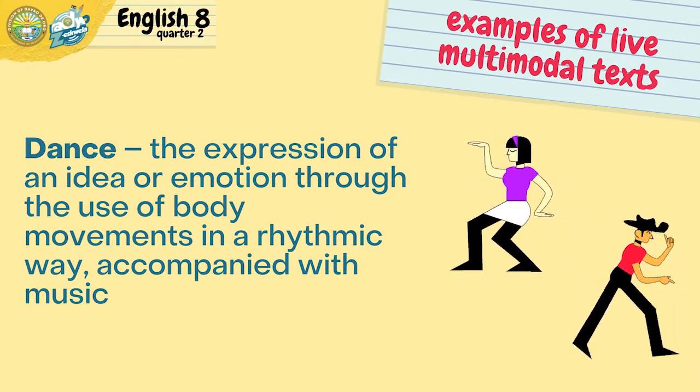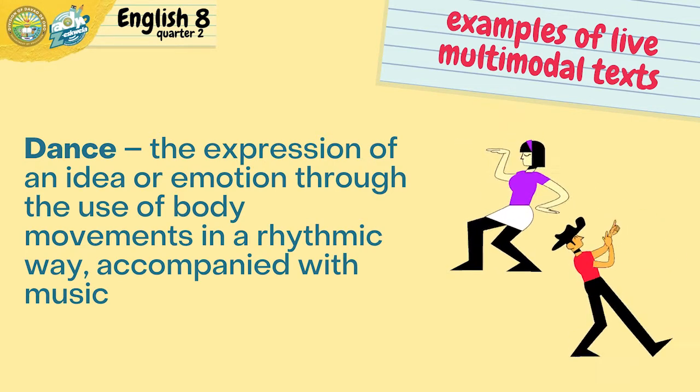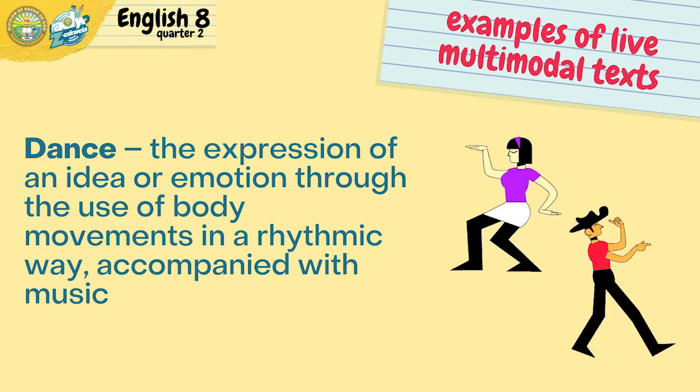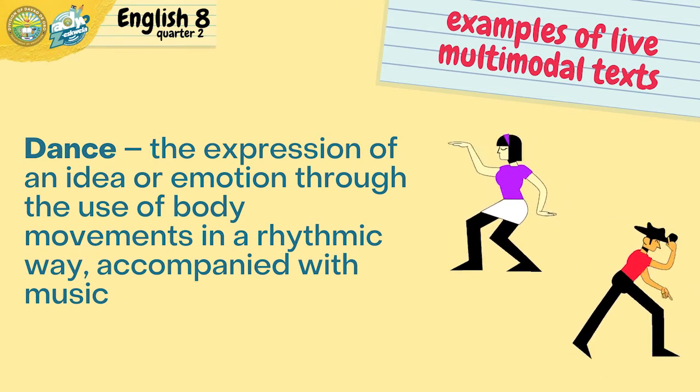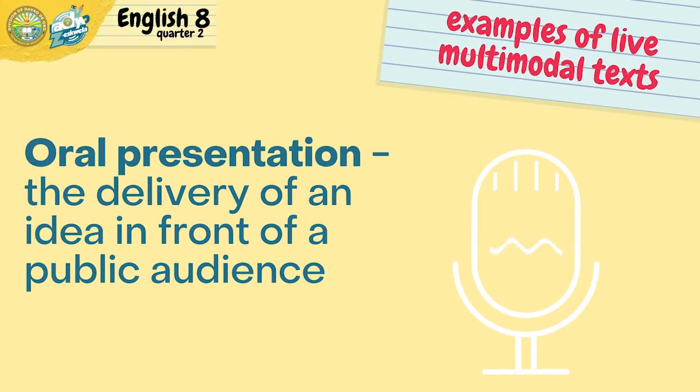It is the expression of an idea or emotion through the use of body movements in a rhythmic way, accompanied by music. Next, oral presentation. It is a delivery of an idea in front of a public audience.